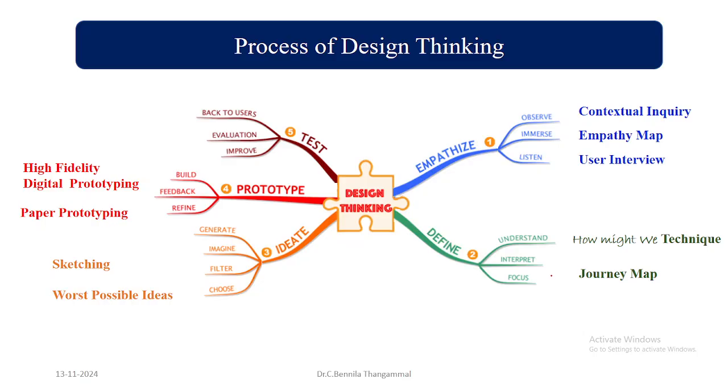The technique that we can use is moderated usability testing. So these are all the 5 phases of design thinking, the process that we are going to do in each and every phase, and the techniques that we can implement to fulfill the phases.